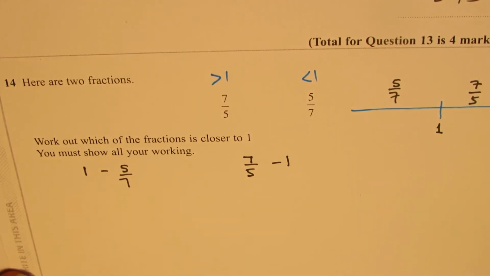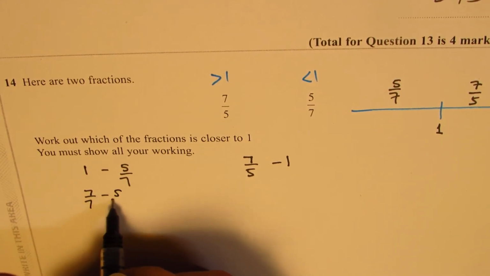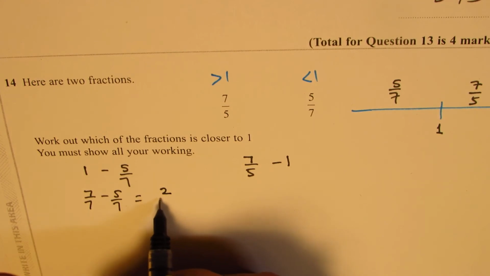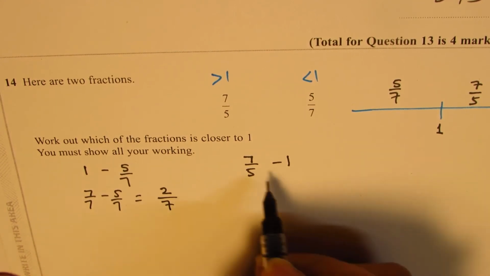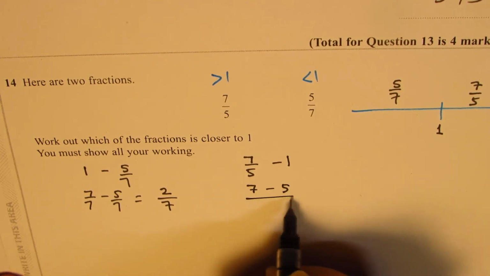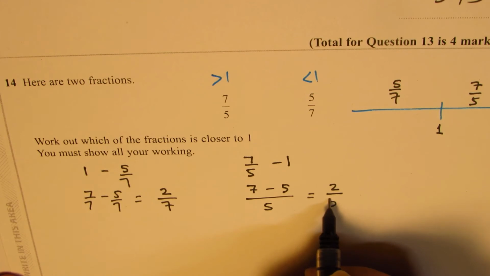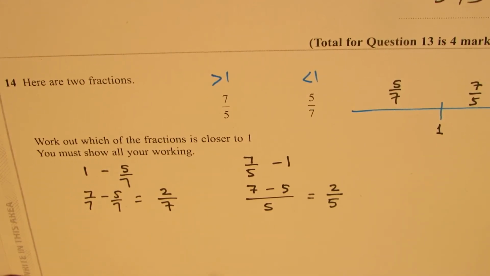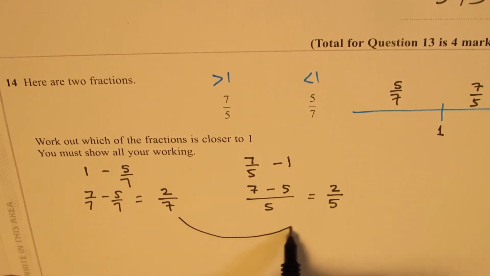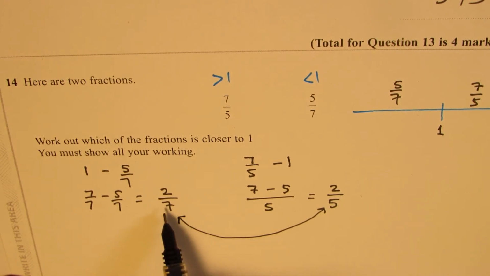Is that clear? So that means we could do 7 over 7 minus 5 over 7, which is 2 out of 7. Here we get 7 minus 5 over 5, which is 2 out of 5. Now you have to compare 2 out of 5 and 2 out of 7, and see which is lesser.